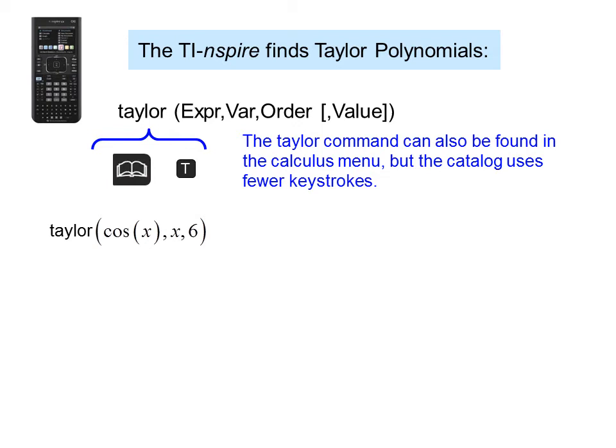For example, we find the Taylor polynomial of cosine x with independent variable x and the sixth derivative, or the sixth order. The calculator returns 1 minus x squared over 2 plus x to the fourth over 24 minus x to the sixth over 720.